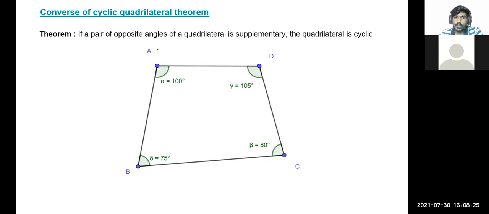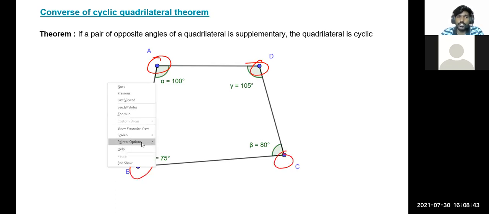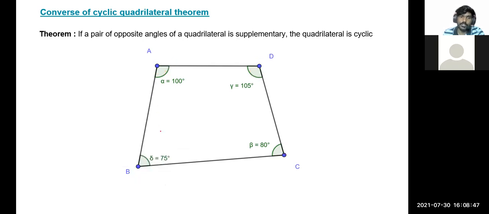So if you look at the example, this is a quadrilateral. Now you want to show whether it is cyclic or not. That means whether all of these vertices lie on the same circle. So to check that, you add the opposite angles. First you add 75 and 105.